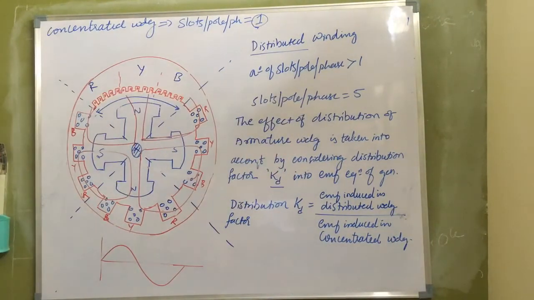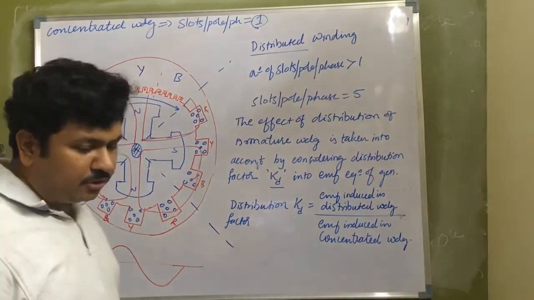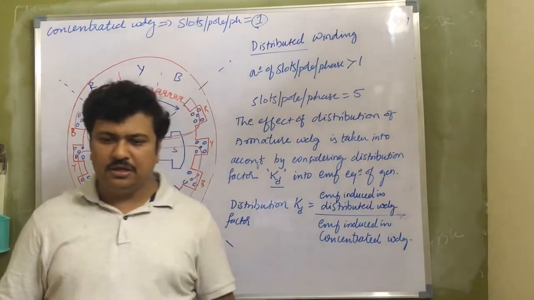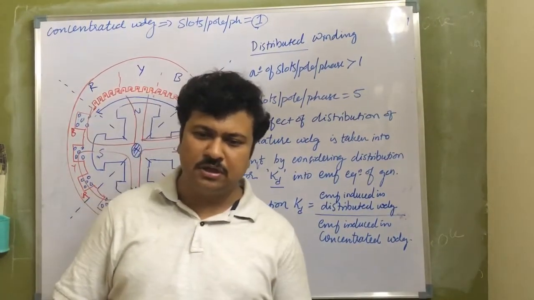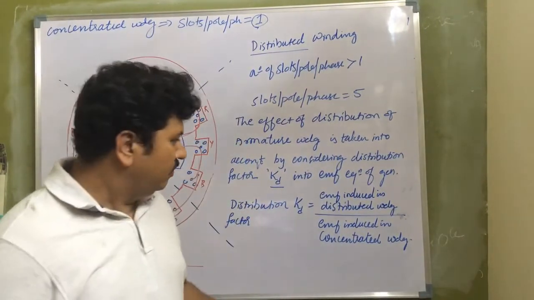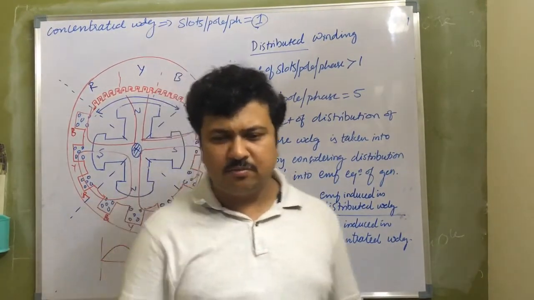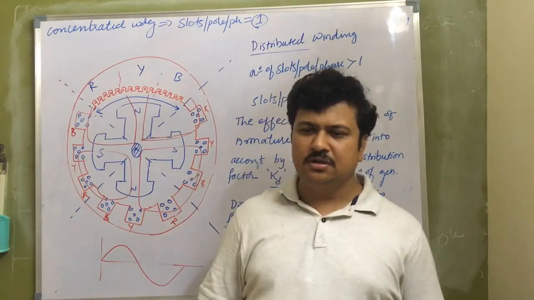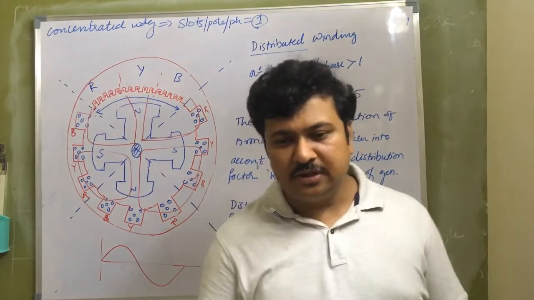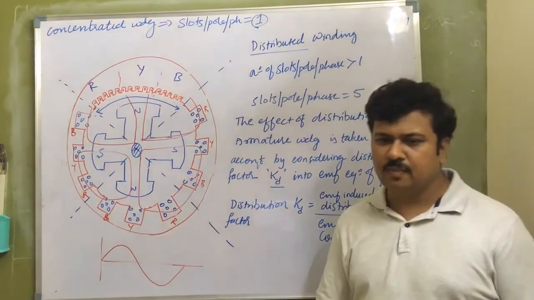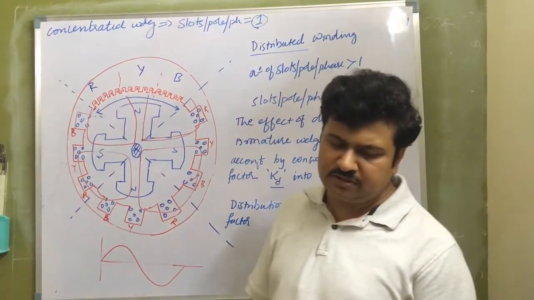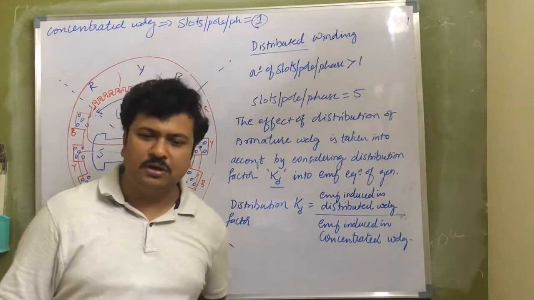The EMF induced per phase in a distributed winding is the vector sum of EMF induced in all the conductors, whereas EMF induced in concentrated winding is the algebraic sum of EMF induced in all the conductors. And remember, the algebraic sum is always greater than the vector sum. The vector sum of any two quantities is always lesser than the algebraic sum of the same two quantities.